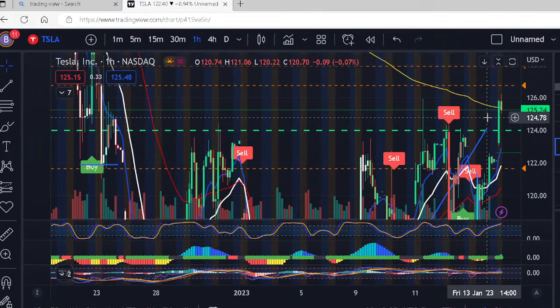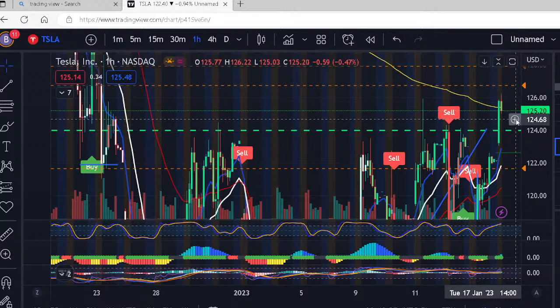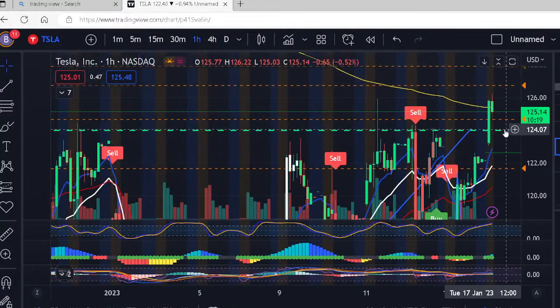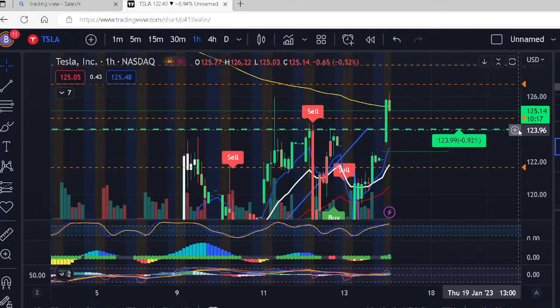So I'm going to say put trigger, there's a lot of support right there, so I want to go below it a little bit, right here at 124.68. First price target obviously would be right here at 123.99.